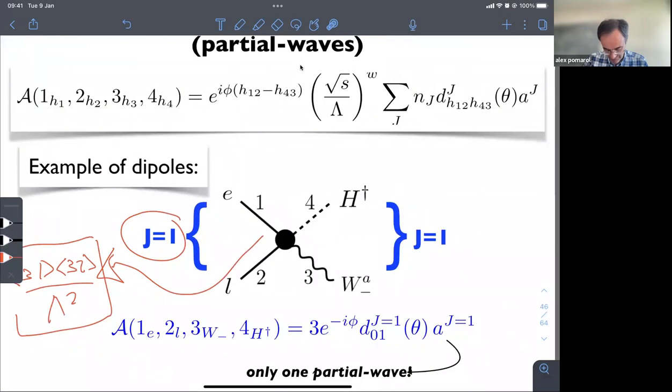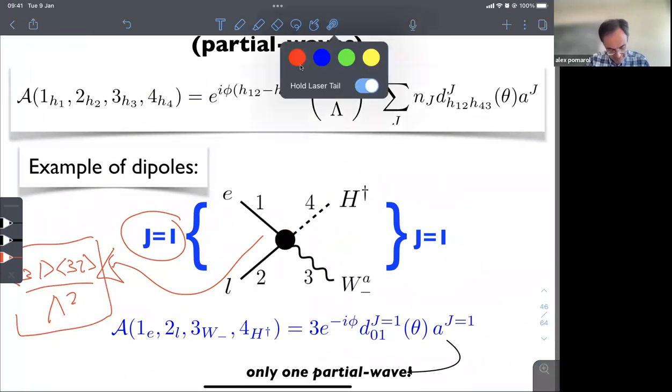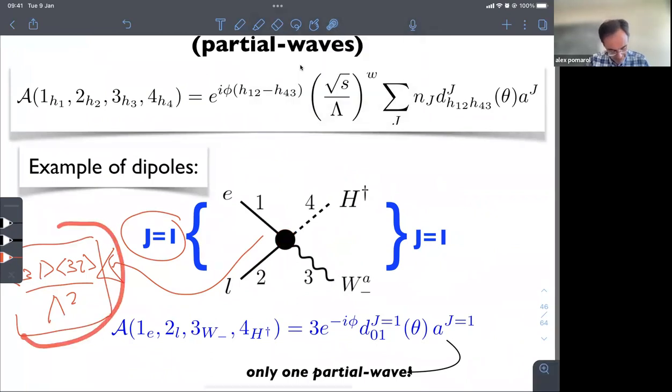Okay. Here is easy. You see here on the other side, this is 0 and this is 1. I'm not saying all amplitudes have J equal 1; I'm saying this is a simple one.